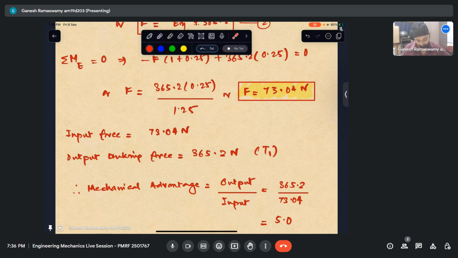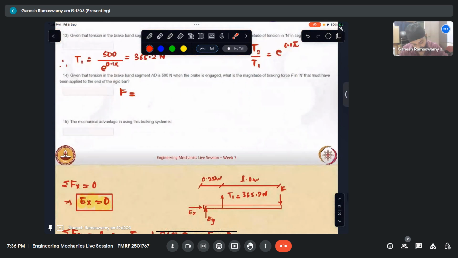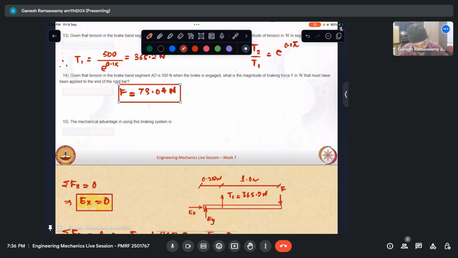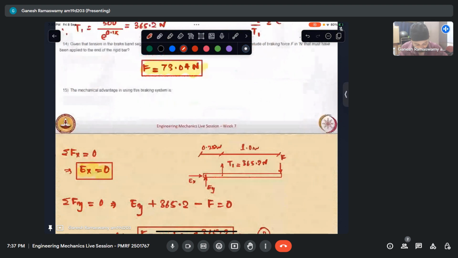It is 73.04 Newton. And then I have my mechanical advantage of this braking system is 5.0. So this is my mechanical advantage for this braking system.